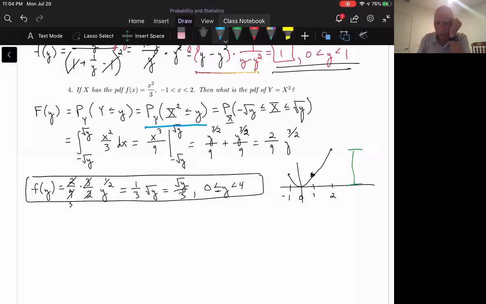It's because we know that in the previous statement, we have capital Y less than or equal to little y. But we're told that capital Y is x squared. So we substituted x squared in for capital Y. That's why x squared is less than or equal to y in the underlined statement.